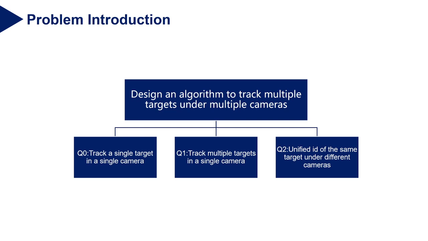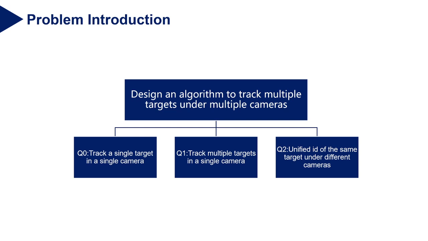Problem 0: tracking a single target in a single camera, which is typically the tracking problem in our textbook. If you look at the textbook, it always talks about Kalman filters and particle filters, with only one object, one target, and a constant camera.